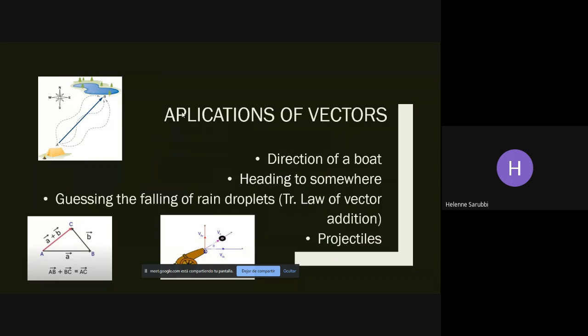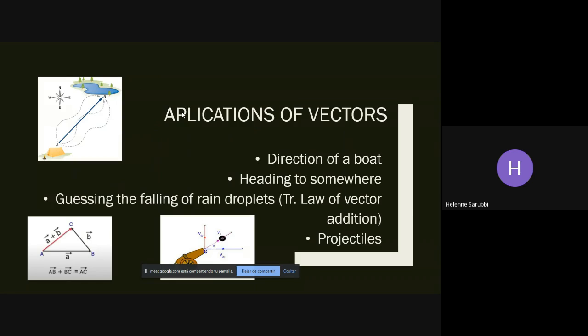I also want to talk about applications of vectors. Vectors have many real life applications, many of them in physics, including situations involving force or velocity. For example, let's consider the forces acting on a boat when it's crossing a river.